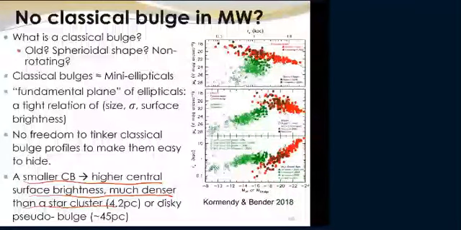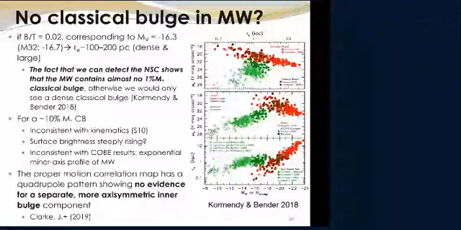And this is probably why. The fact that we can detect a nuclear star cluster in the Milky Way shows that the Milky Way contains almost no classical bulge.